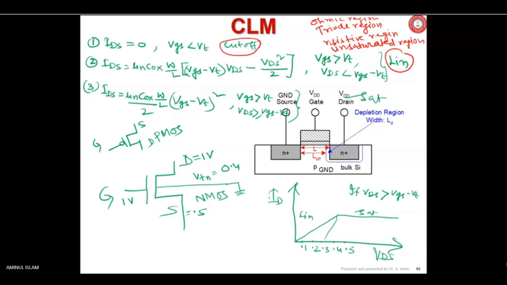There are 4-5 names for the linear region, but the other one is the saturation region. So 3 regions are there. I have given the conditions also. Can you tell me in which region this MOSFET is operating?